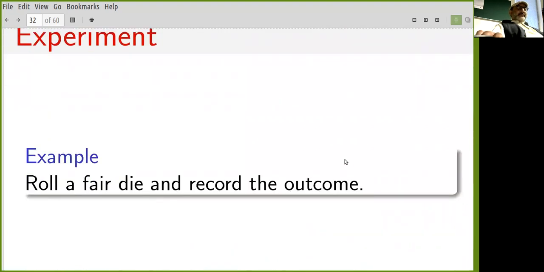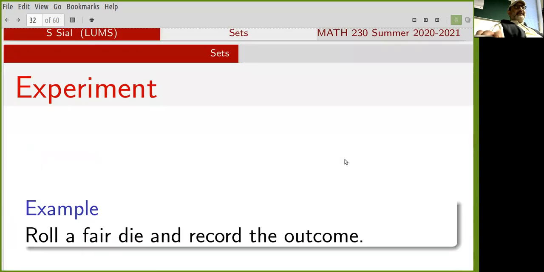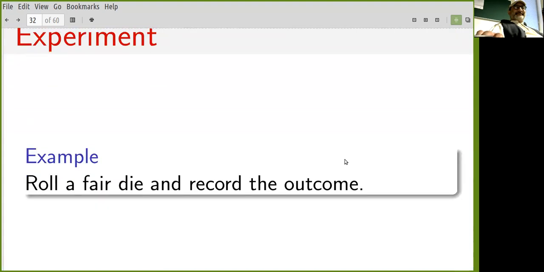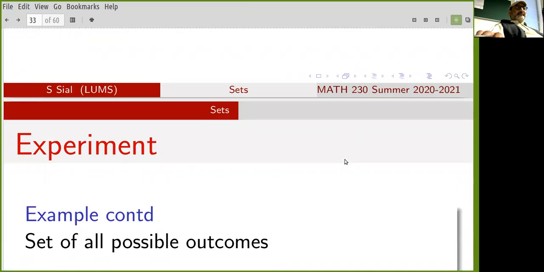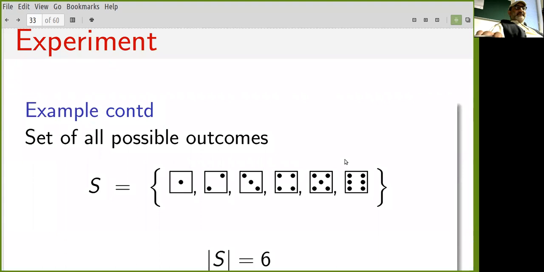Let's try another experiment. We're going to roll a fair die, and we're going to record the outcome. So what could the outcomes be? Well, the die is labeled with dots, and it's a 6-sided die. I should have said it was a 6-sided die, but if I don't specify and I just say a fair die, I mean a fair 6-sided die. So what are the possible outcomes?